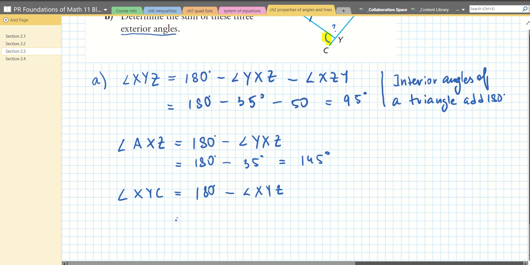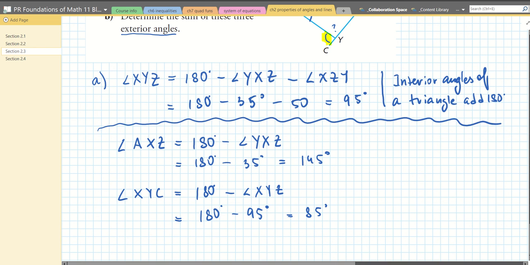Let's replace it with the number that we found, which was 95. We find it to be 85. So that's the second one.